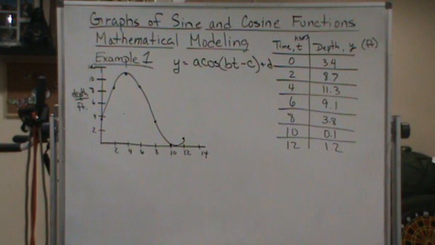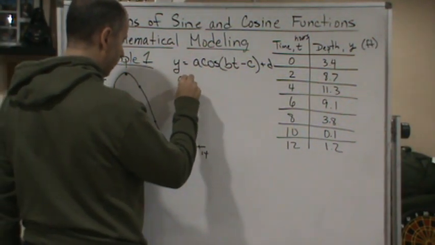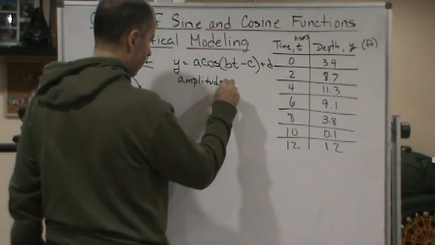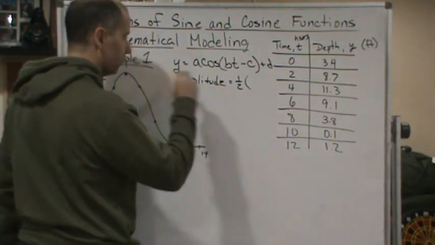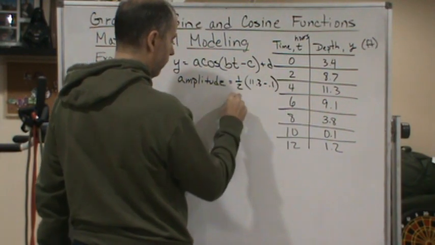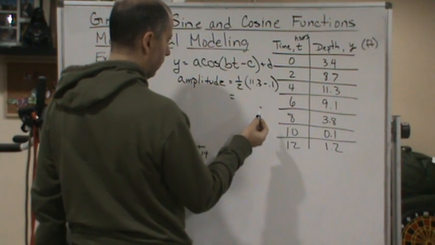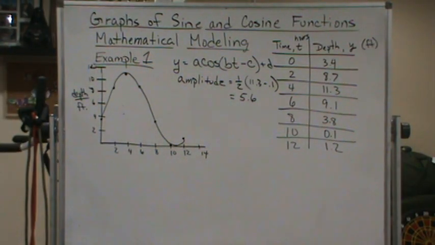So half of that would be the amplitude, which is 1/2 of the difference between those two. So it'll be 11.3 minus 0.1, which is 11.2. So that's going to be 5.6. So the amplitude is going to be 5.6.